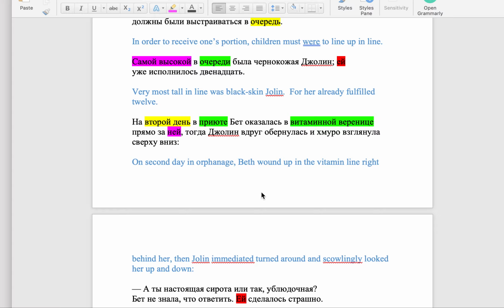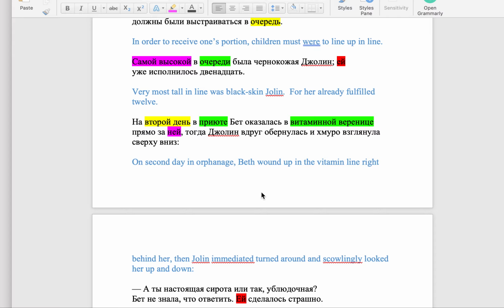If you were to flesh that out into English, it would be the tallest girl in line was, how do we say this, Jolene, who was black, and she had already turned 12 years old.